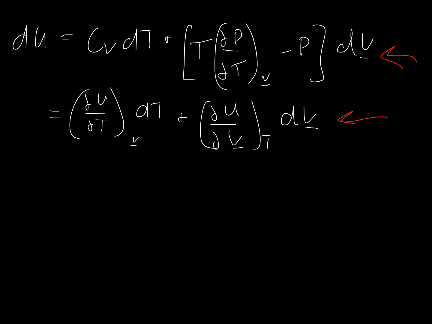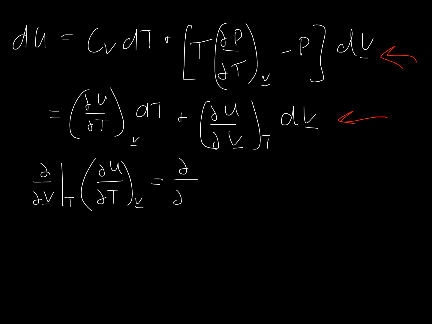So with this, we can play around with partial derivatives, and remember that the order of derivatives doesn't matter. So what we can say then is that we'll take the derivative d dV at constant T of du dT at constant V is equal to... Right, so I'm just swapping the derivatives.